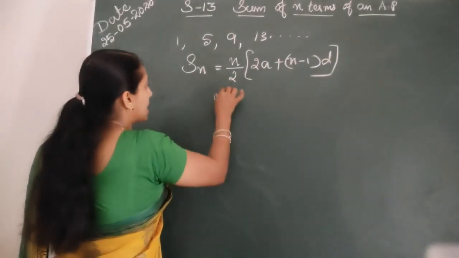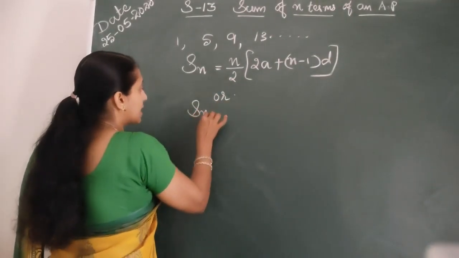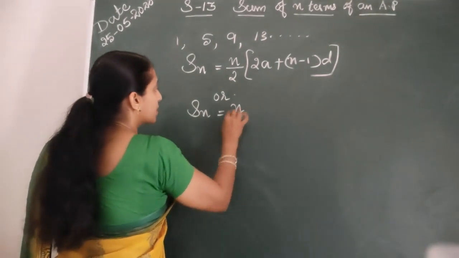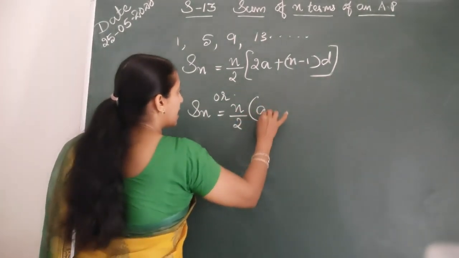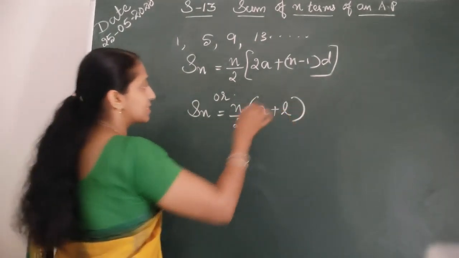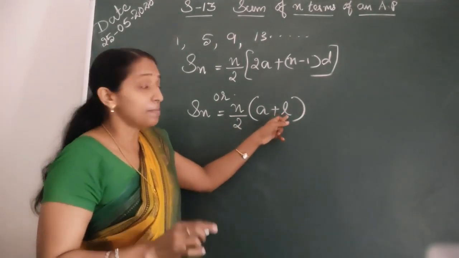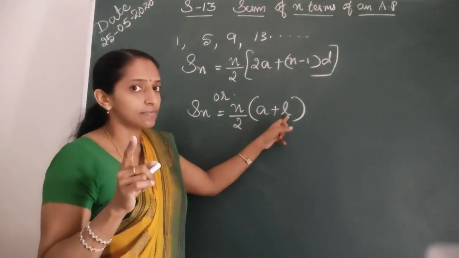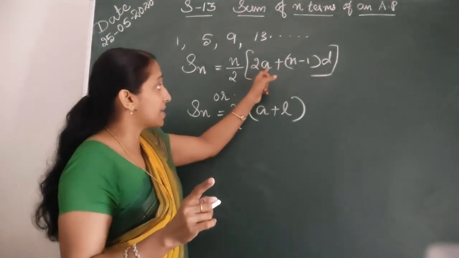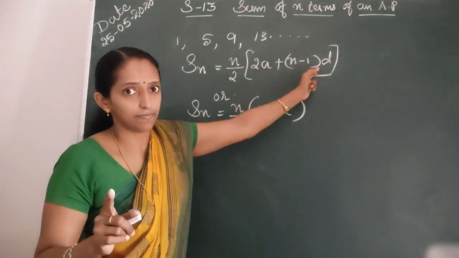So if L is given, then Sn will be equal to n by 2 into (a plus L). You know how this formula came? L means a plus (n minus 1) into d.